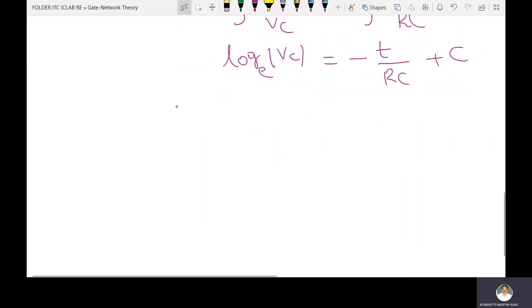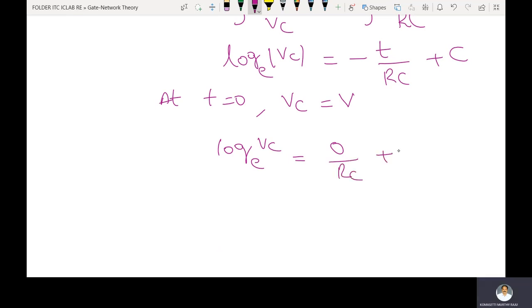Substitute the initial condition, t is equal to 0, in the above equation. Therefore, the constant C is equal to log Vc at t equal to 0.